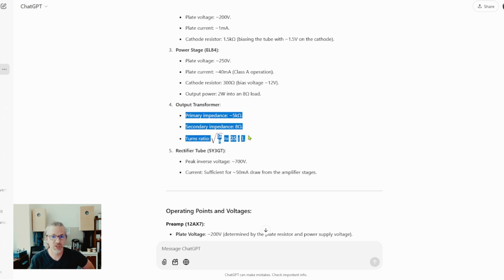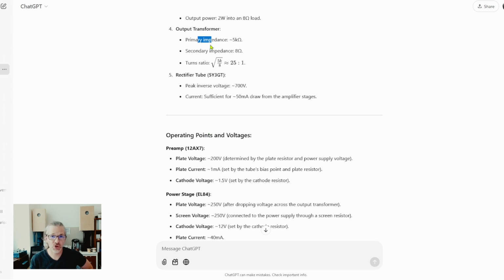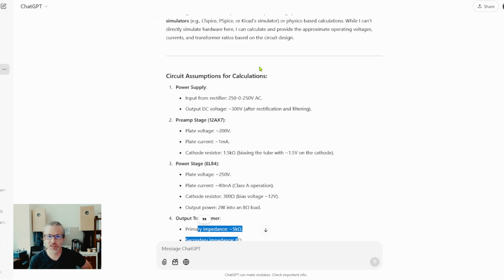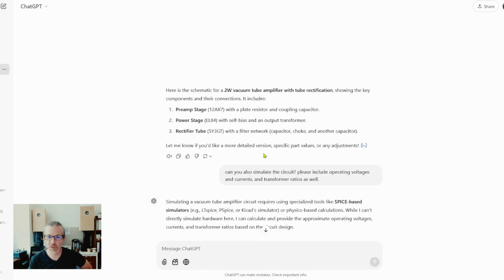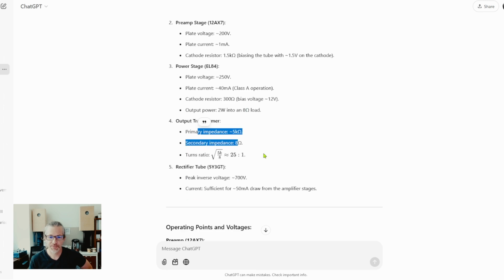Output transformer, this is good, 5K 8 ohms, and that will work. My choice for an EL84 for really high quality output would be an 8K primary inductance. It recommended running it in triode mode or pentode mode, I think, but I don't even recall it mentioning that.